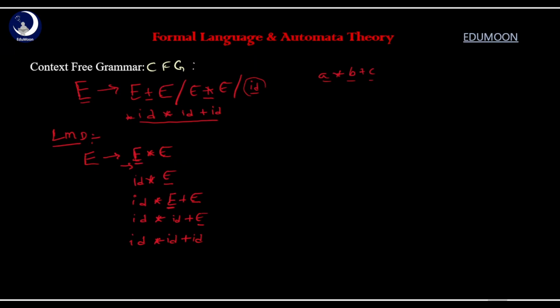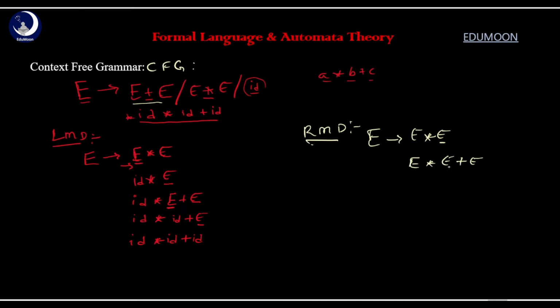The second one is the RMD, which is nothing but rightmost derivation. Here we start with the rightmost variable. For example, if I write E star E initially, I take the rightmost variable first and derive that as E plus E, using the first production rule here.